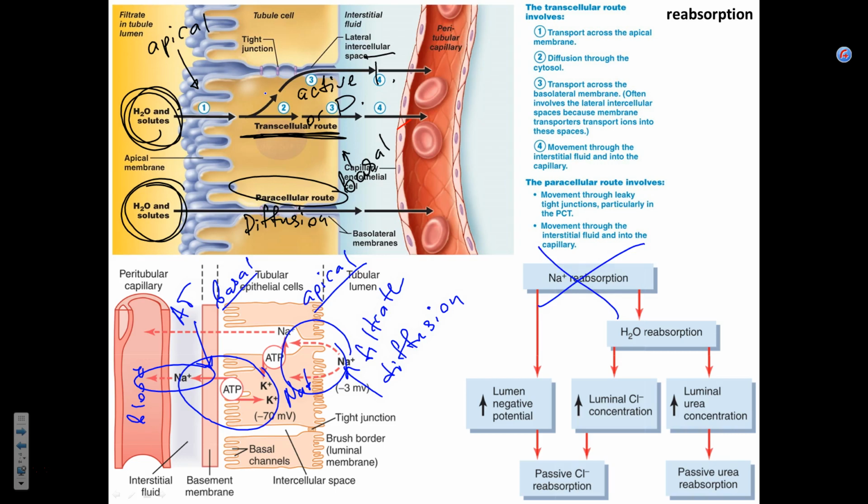What follows sodium? How do we call the process of water diffusion, quote unquote? Osmosis. So water gets reabsorbed from the filtrate. As water leaves the filtrate, what happens to the concentration of other ions in the filtrate? They increase.